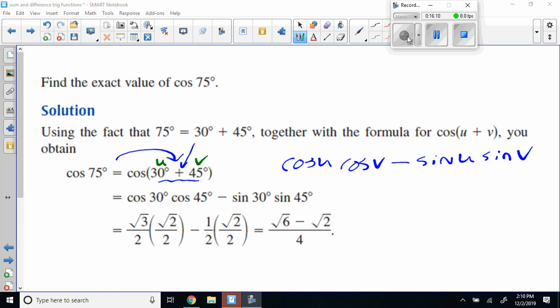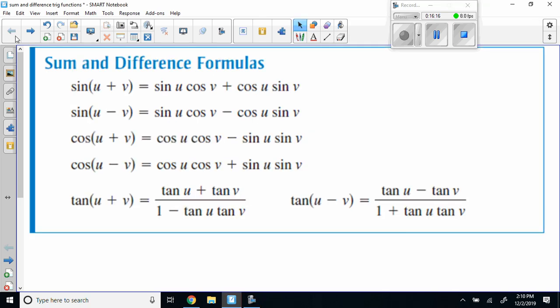You look to the right, and it'll show you. Look: cosine of U plus B is equal to cosine U cosine B minus those. Just because it's a plus here does not mean it's a plus out there. That's why I said you got to go by these. Got to write these things down.